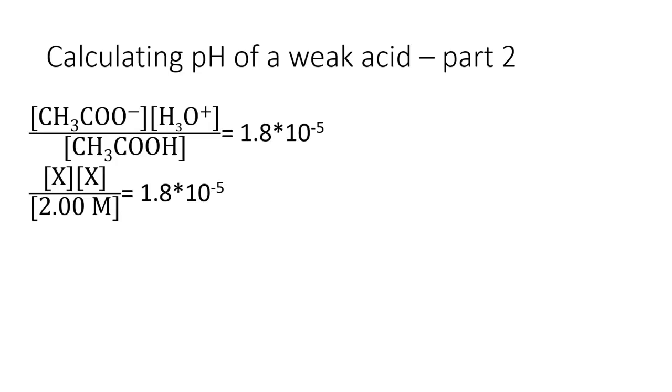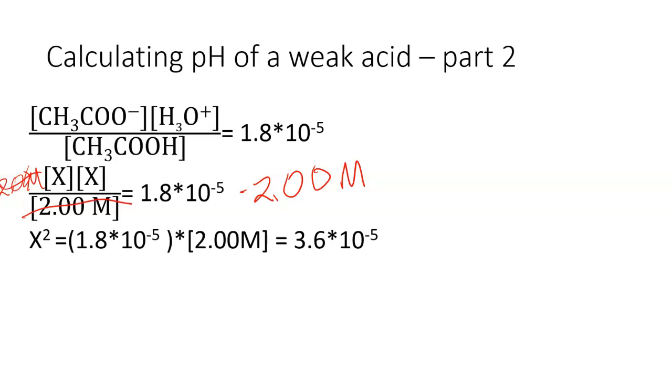So X times X is going to give me X squared. I'm going to rearrange the equation, so I'm going to multiply both sides by 2.00 molar so that the 2.00 molar is going to be eliminated. So I get that X squared is equal to 3.6 times 10 to the negative fifth.